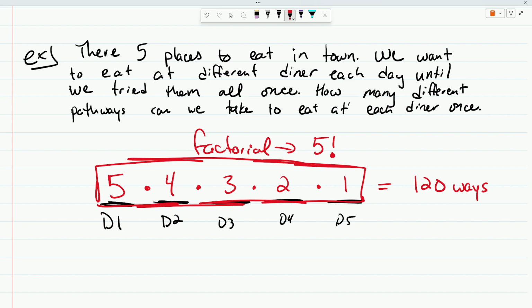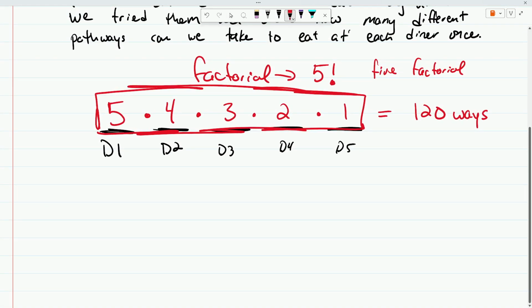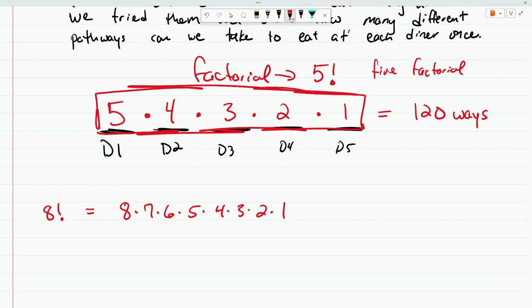That is, we read this 5 factorial. And all that means is we're going to take 5 times 4 times 3 times 2 times 1. So it just goes right down the list. So, for example, 8 factorial is 8 times 7 times 6 times 5 times 4 times 3 times 2 times 1. And 3 factorial is just 3 times 2 times 1. So now you know what a factorial is.